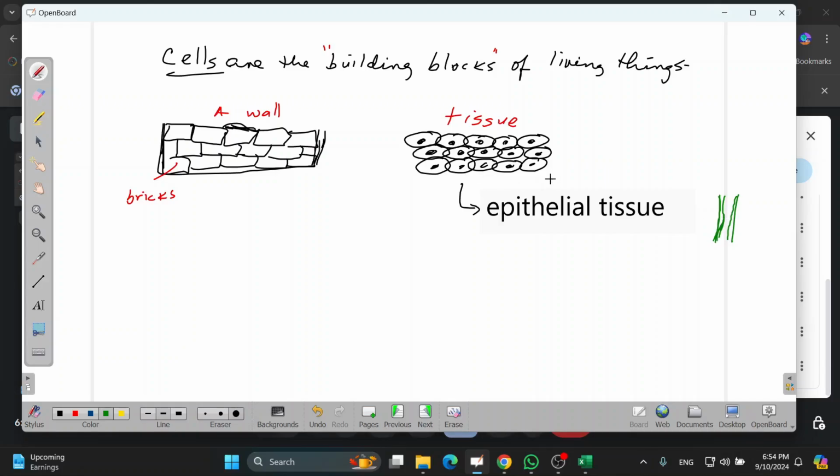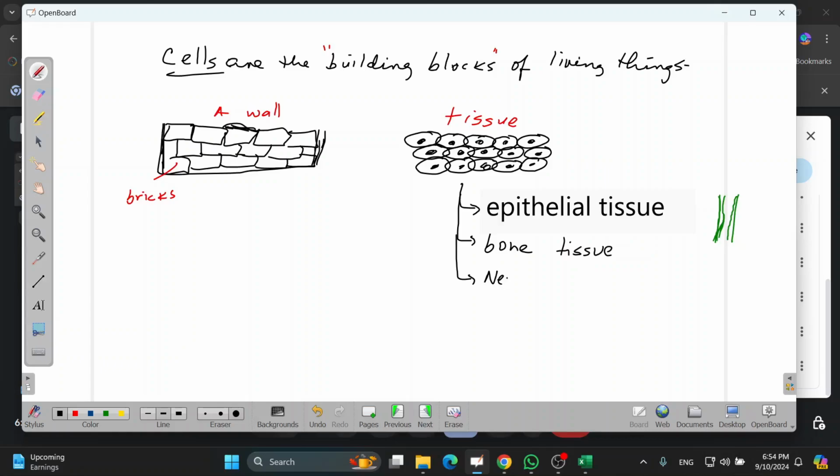So it's not only the skin, but also the lining of organs, right? However, if these cells were bone cells, then we call that bone tissue, right? So we have epithelial tissue, we have bone tissue, guys.